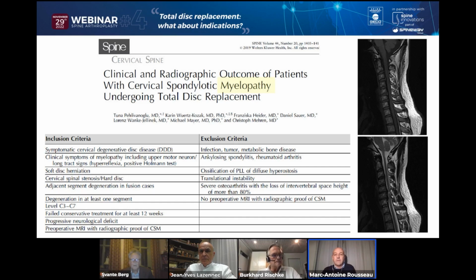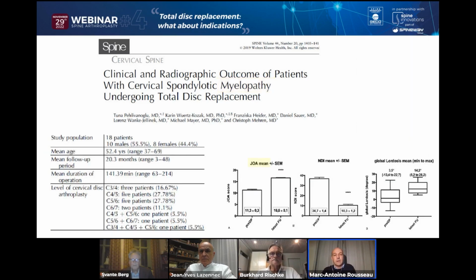The results of this paper show improvement of the Japanese Orthopedic Association score from 10 to 15. That's a good example of what we have for the surgery of spinal canal stenosis, if it's from the anterior approach that the stenosis occurs with arthroplasty.